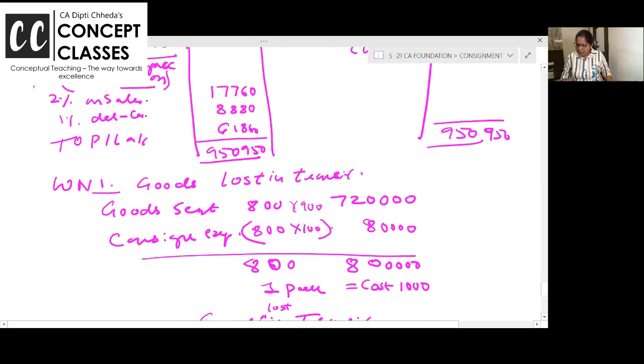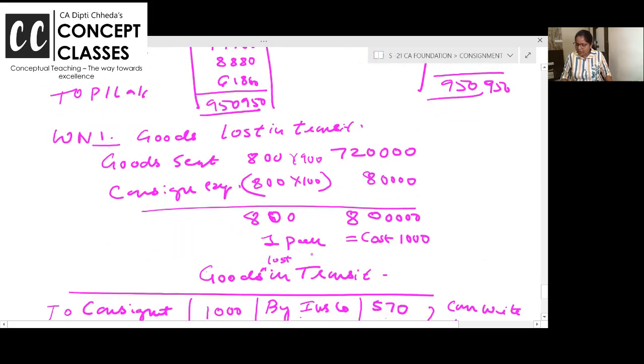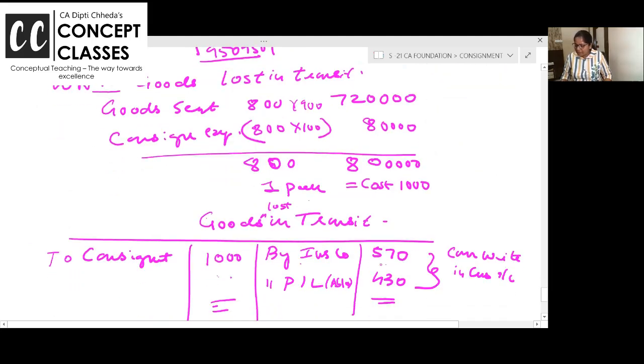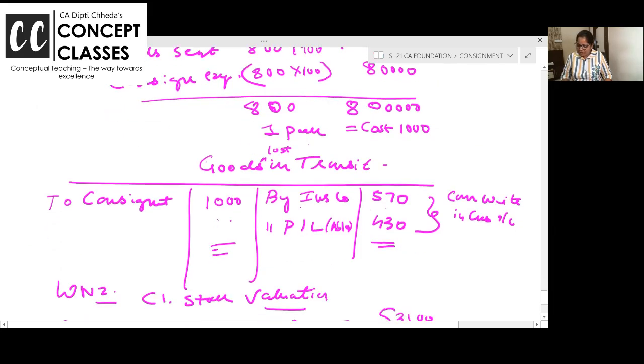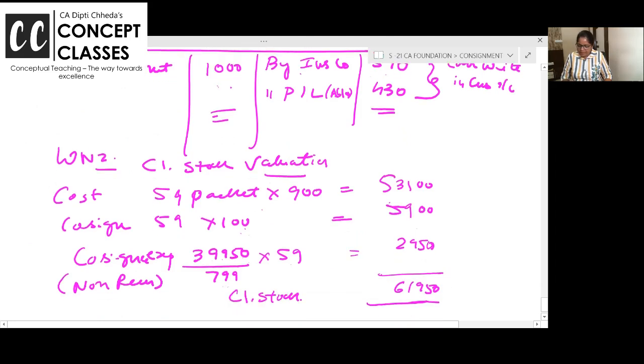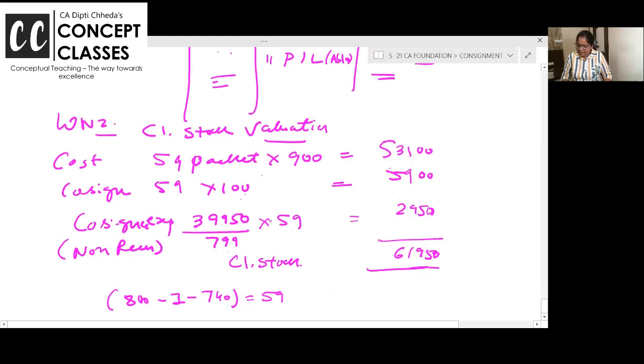Goods are lost in transit. 900 is the original cost and 100 is consignor's expense. Against that, insurance company has decided to give 570 and remaining is transferred to P&L. Closing stock valuation is 59 packets. Consignor's expense. Consignee's expense.